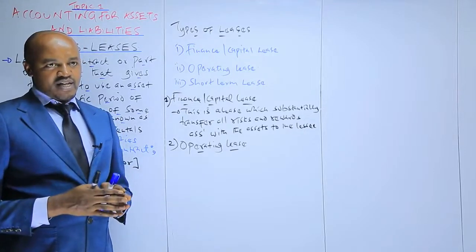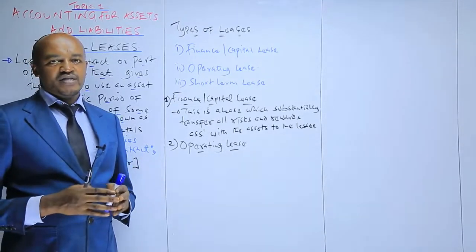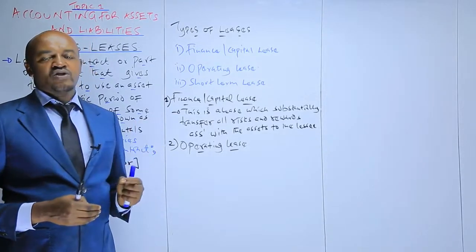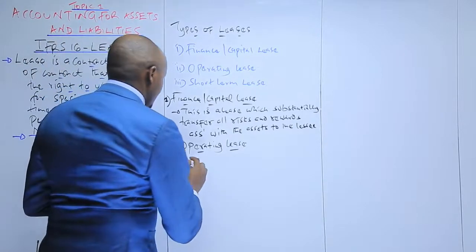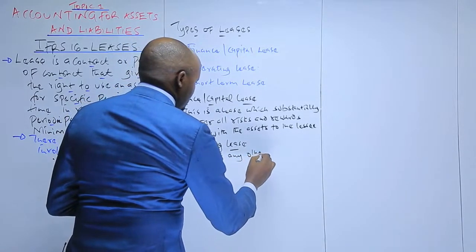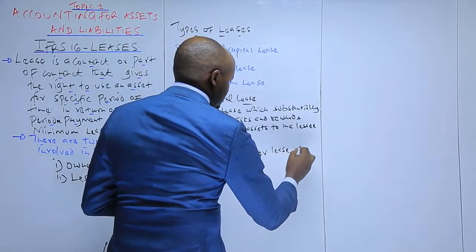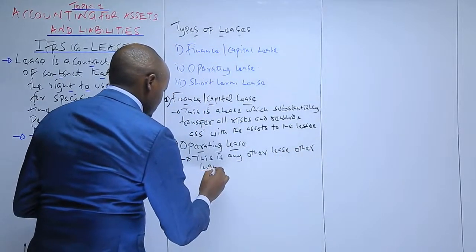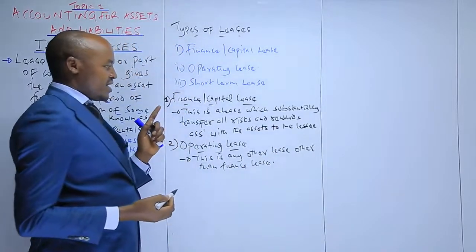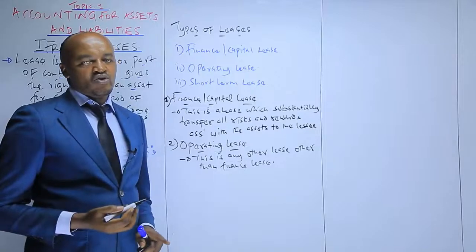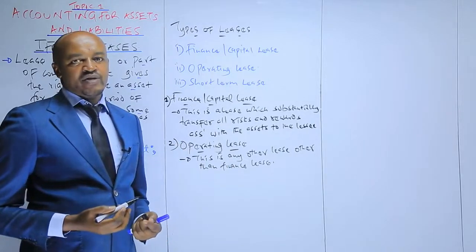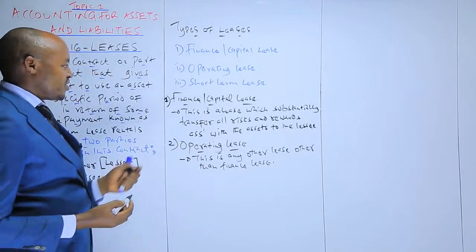In other terms, under the finance or capital lease, the reward and also the risk associated with the asset are transferred to the lessee, whereas here, we have said that the risk and also the rewards associated with the asset are not transferred to the lessee.